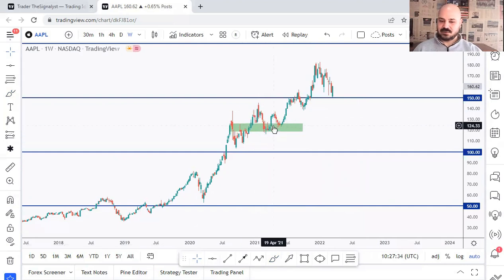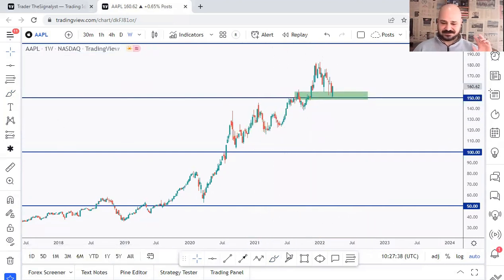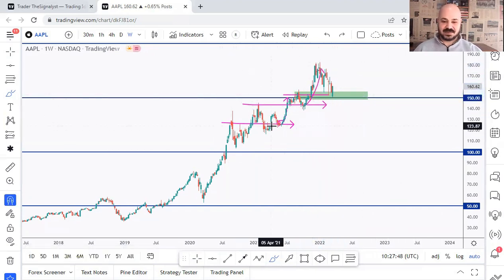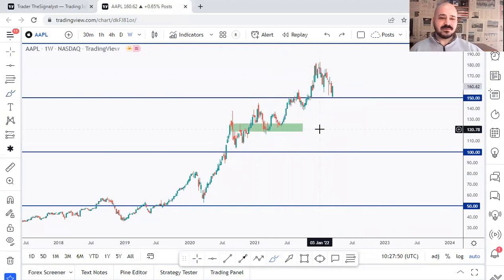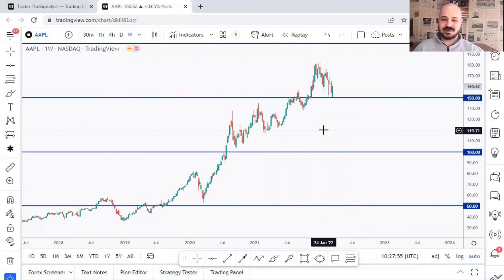Broken upward, became a support. Again, broken upward, became a support, broken upward. You are following the same logic. Break, retest, look for buy, break, retest, look for buy. Now we had the break, then the retest, so we are looking for buy setups here. Okay, that's it for our support and resistance, or in this case, market structure analysis and round numbers.